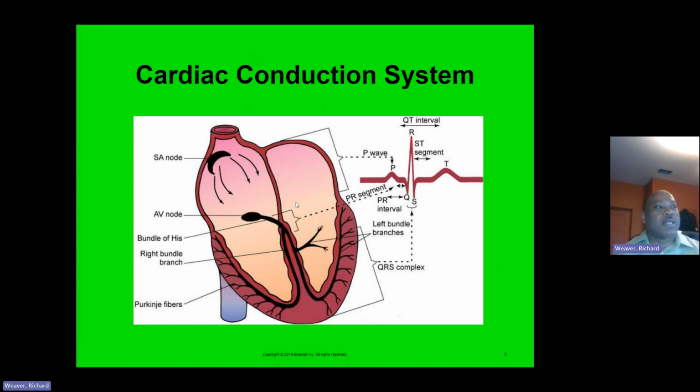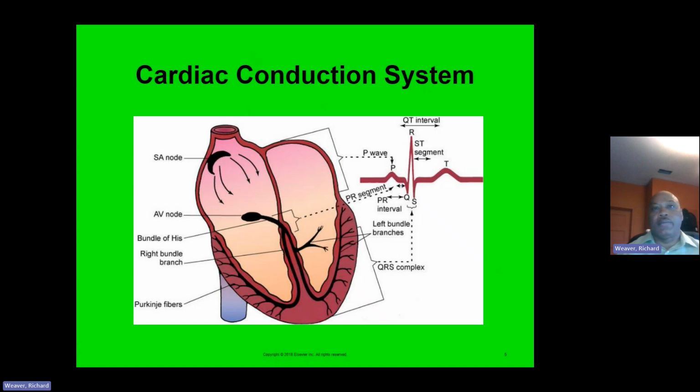If someone has coronary artery disease, they have, let's say, plaque buildup. Perfusion is going to be altered because the plaque buildup narrows the lumen of the arteries that supply these different parts of the heart, the electrical conduction system as well as the heart muscle.